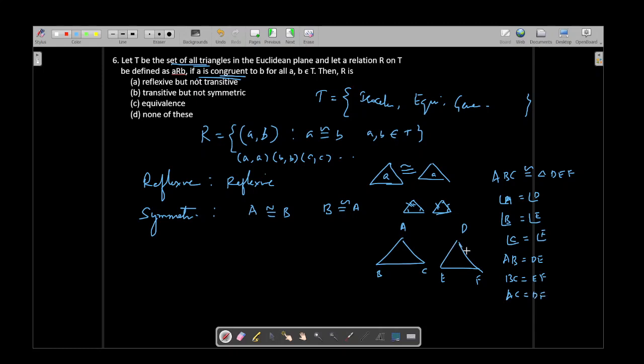So it means they are identical. If A is identical to B, B is also identical to A. So it is symmetric.